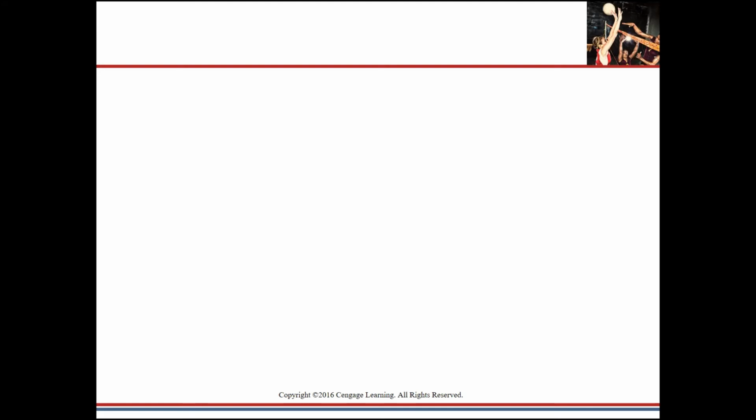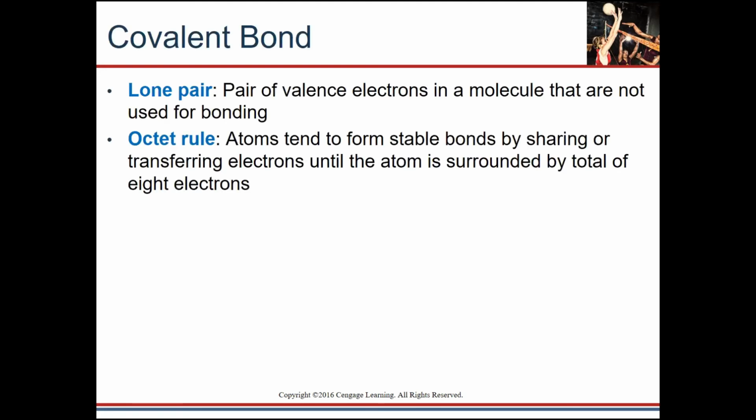So when we were talking about our Lewis structure, these electrons that aren't involved in bonding are called your lone pairs, right?